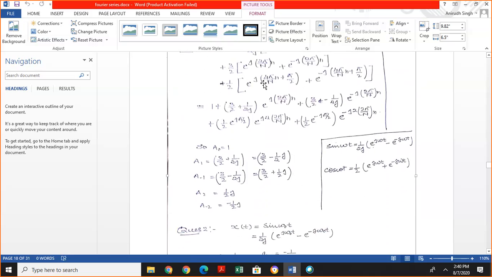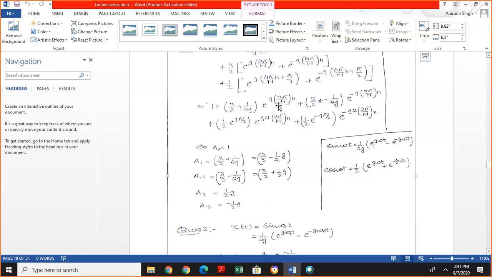Then collect all the coefficients for j omega n, for minus j omega n, for 2 omega n and minus 2 omega n. So this is the DC value, and a naught is given by 1.